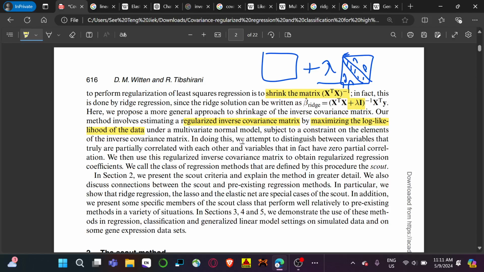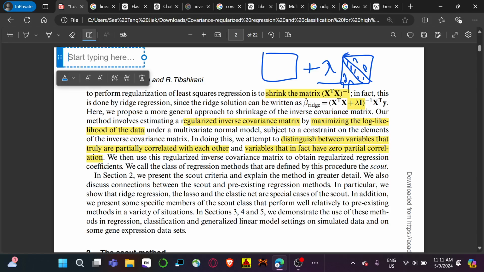In doing this, we attempt to distinguish between variables. So here's the motivation. They want to distinguish the variables that are truly partially correlated with each other from variables that in fact have zero partial correlation.